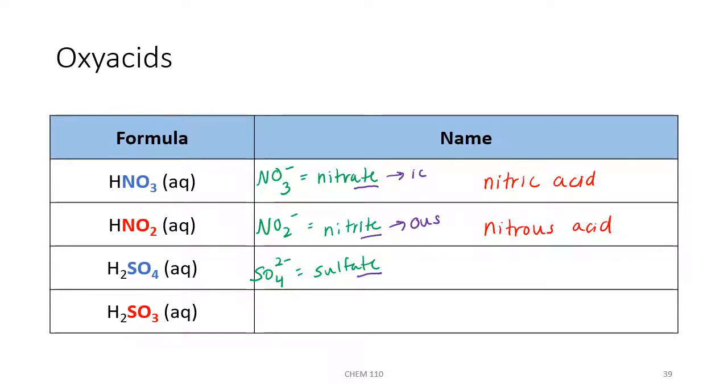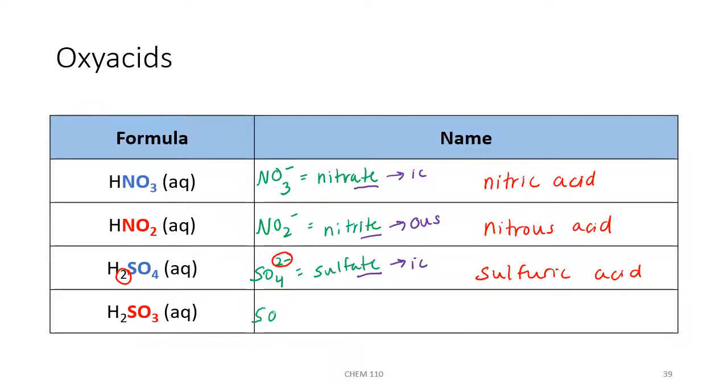So the ending ate will get changed to ic, and the name is sulfuric acid. And there's 2 hydrogens in sulfuric acid, notice, because the charge on sulfate is -2, and it still had to be a neutral formula.